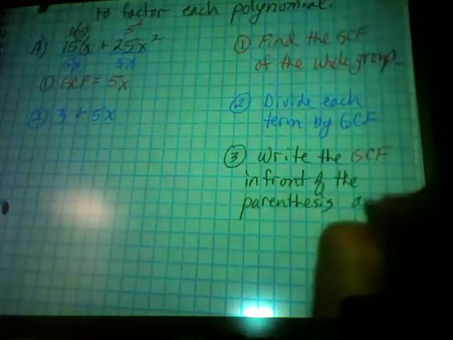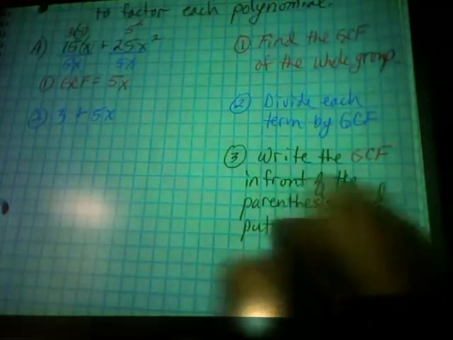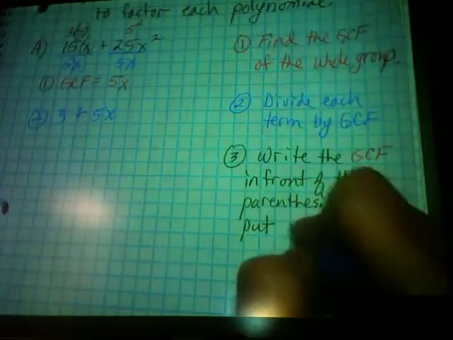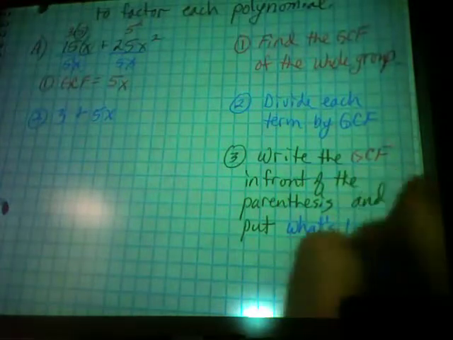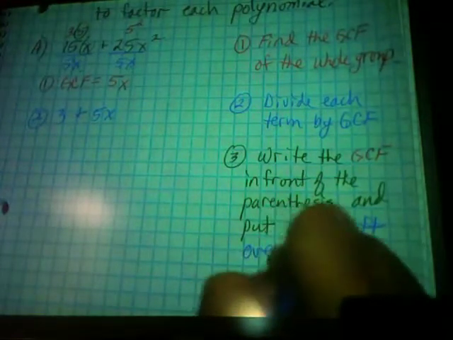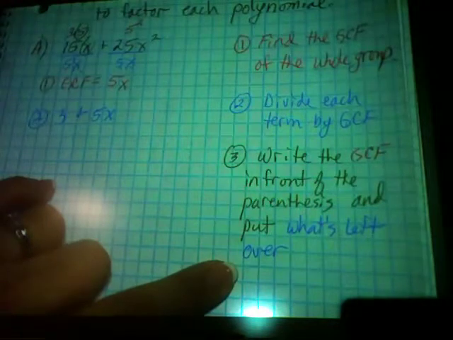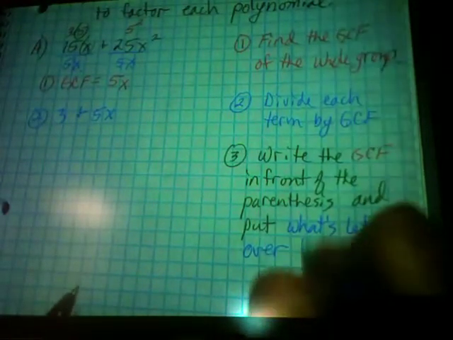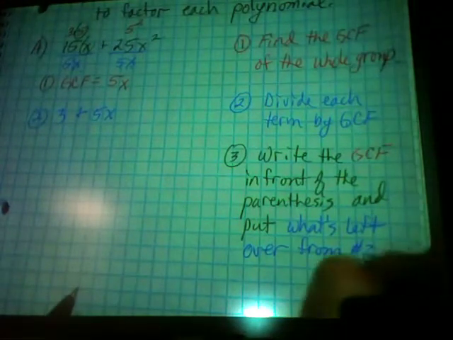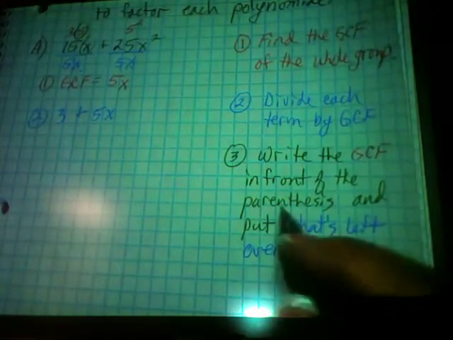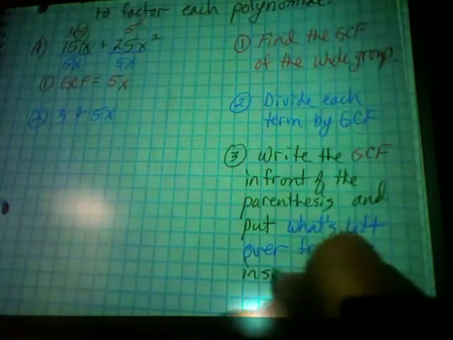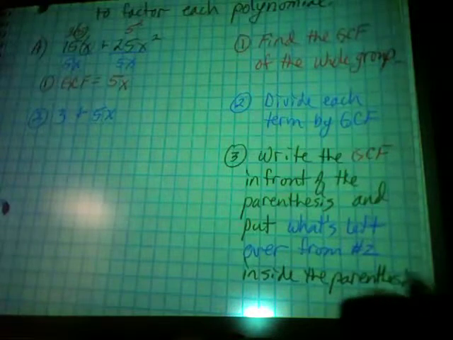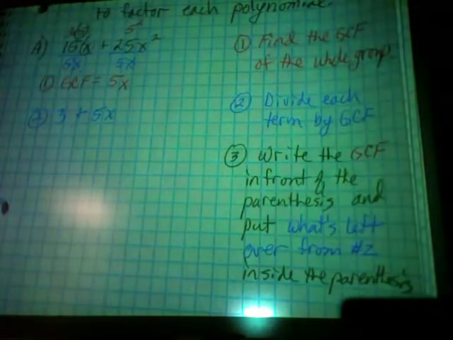And put what's left over, which is from number 2. That's our answer to our division problem. From number 2, inside the parentheses. So you're essentially performing your check without actually doing it.